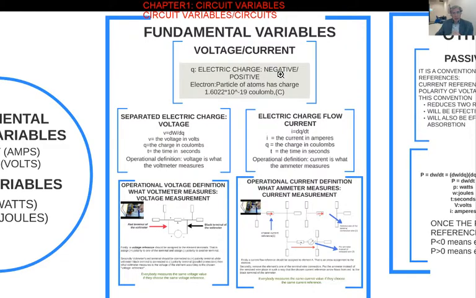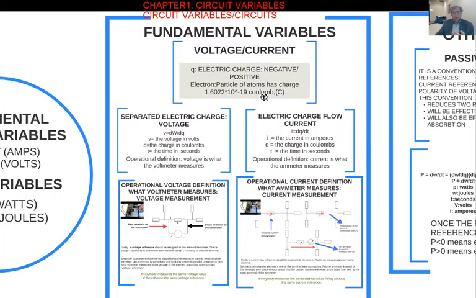So the negative charge, the electron, has a charge of 1.6022 times 10 to the power minus 19 coulomb. This is a unit. So the fundamental variables that we said, current and voltage, are based on this variable.